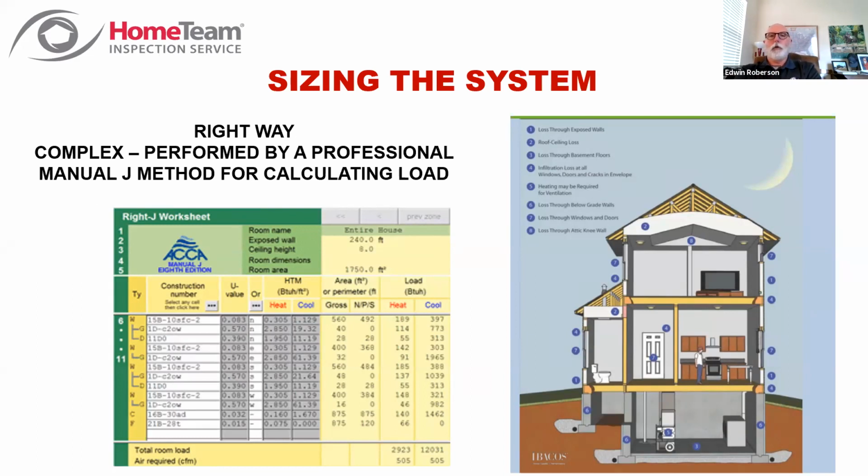What are the materials? How much air loss are you going to have through the walls and through the ceiling and through the floors, and how many windows and doors, and how many people, what is the house designed for, people-wise, etc. So you take all of that information, load it into the system, and it'll tell you what you need.